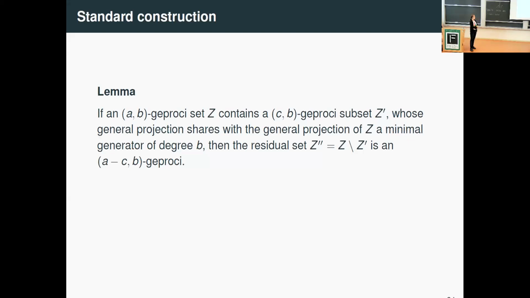If we have a Geproci set which contains a Geproci subset, so we have an A times B Geproci set Z and it contains a C times B Geproci subset Z prime, and a general projection of Z prime shares with the general projection of Z a minimal generator of degree B, the second number, then the residual set Z double prime, which is equal to Z minus Z prime, is an (A minus C) times B Geproci set.